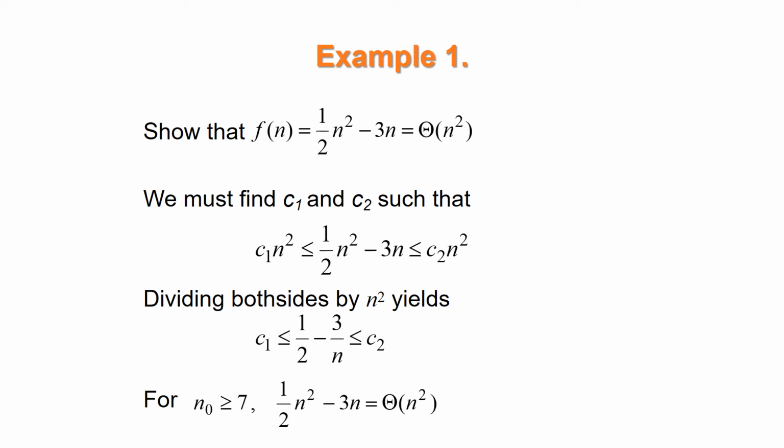Dividing both sides by n squared yields c1 less than or equal to half minus 3 over n, which is less than or equal to c2. For n naught greater than 7, half n squared minus 3n equals theta of n squared.